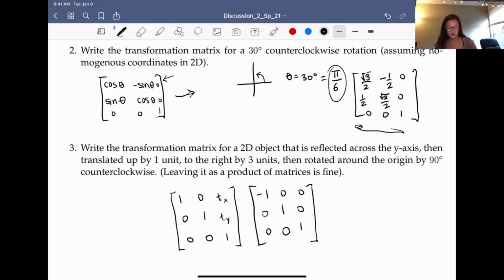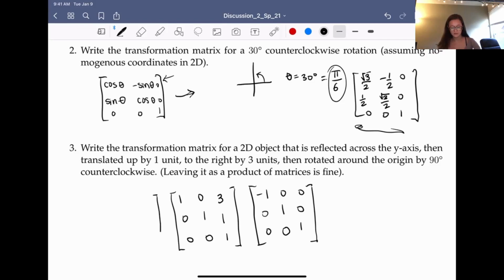So since we need to translate up by 1 unit, our ty will be 1. And if we're translating over to the right by 3 units, then that'll be 3. Just a note, if we're translating left, then it would be -3.